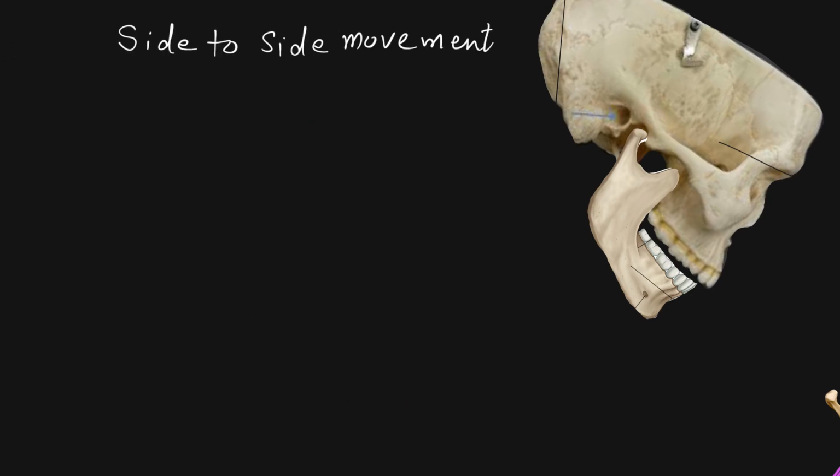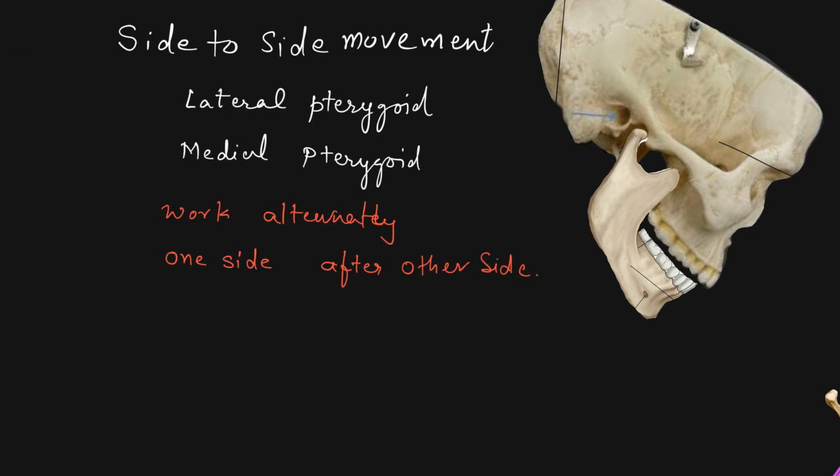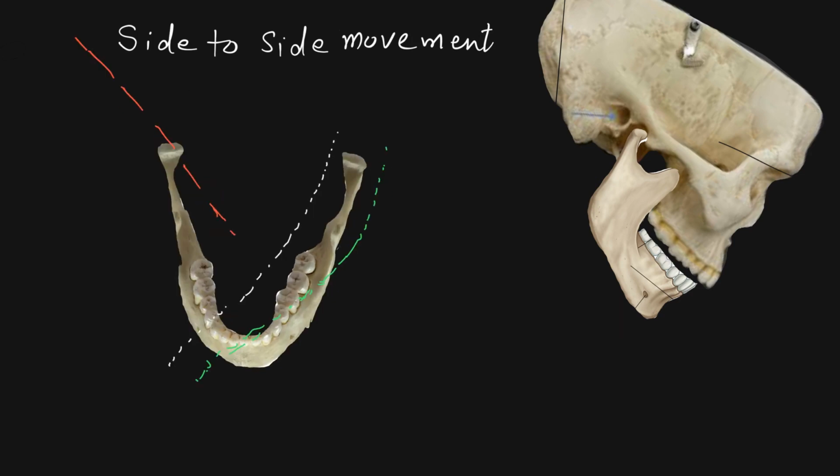Now we come to the side to side movement. Whenever we are chewing in the mouth, we get the side to side movement. Here the lateral and medial pterygoid muscles of one side act, then after that the other side, so they are acting alternately. Here both types of movement we can find, rotatory and gliding.